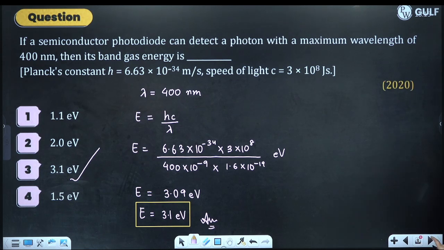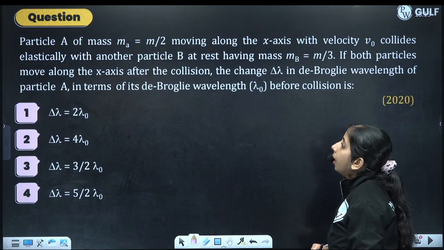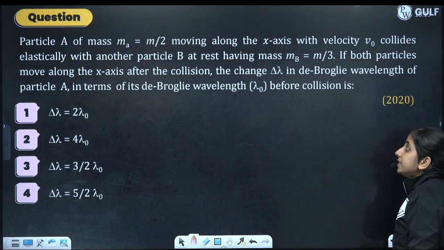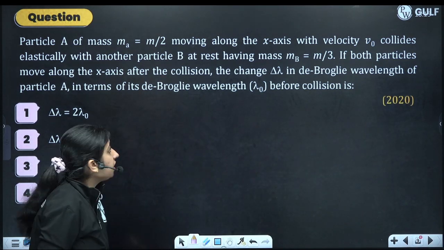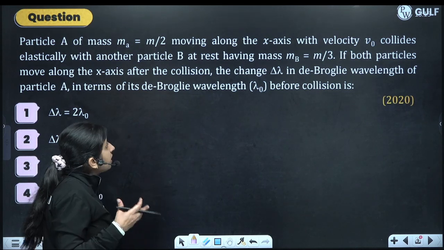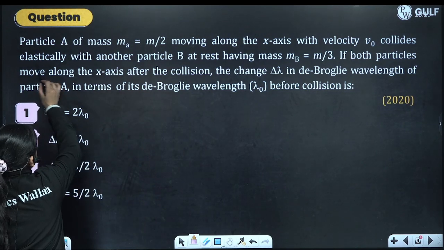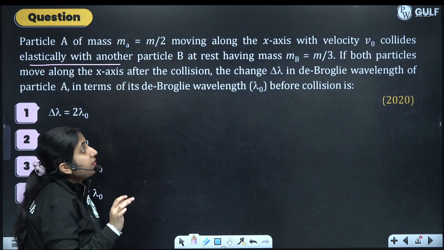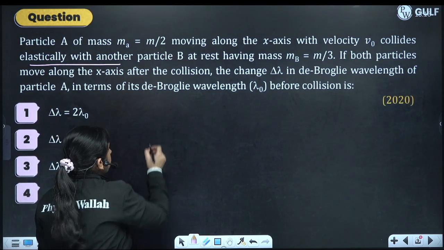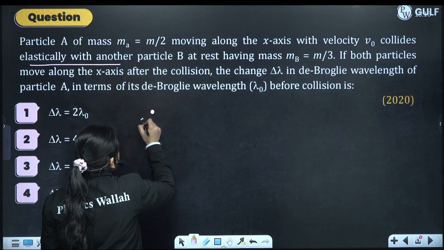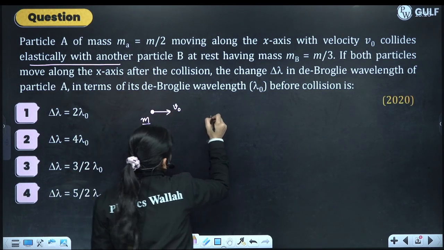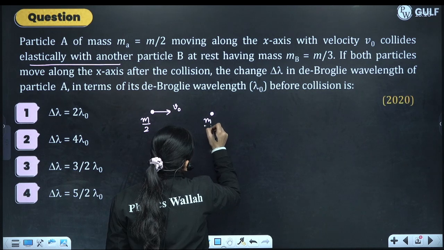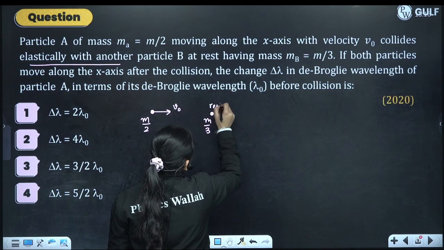Okay, see next question. A particle A of mass ma equal to m by 2 moving along the x-axis with velocity v0 collides elastically with another particle at rest having mass mb equal to m by 3. So we have a particle of mass m by 2 moving with velocity v0, and this m by 3 is at rest.